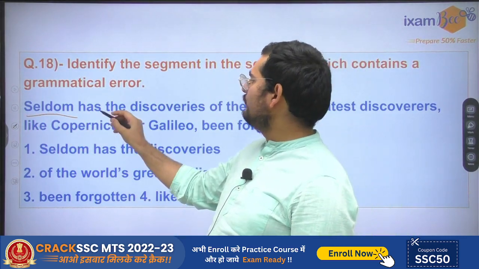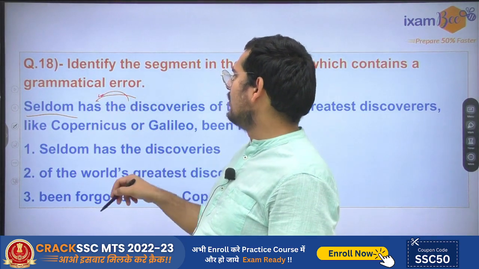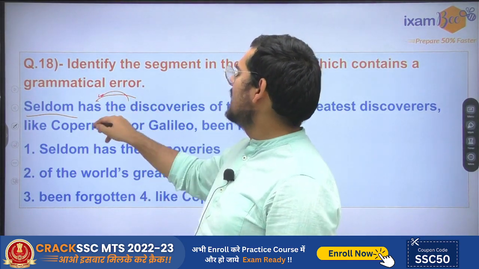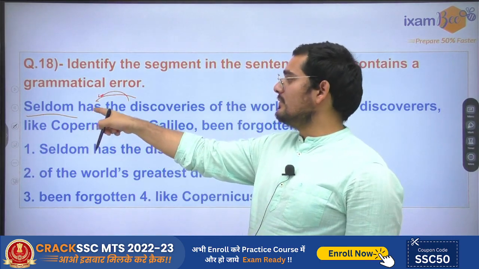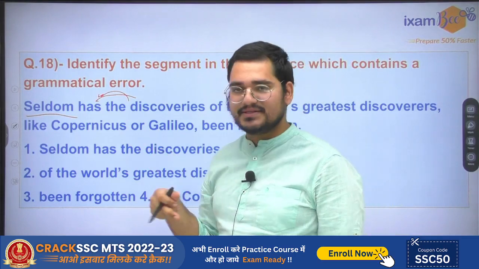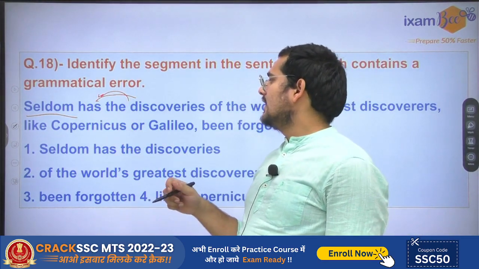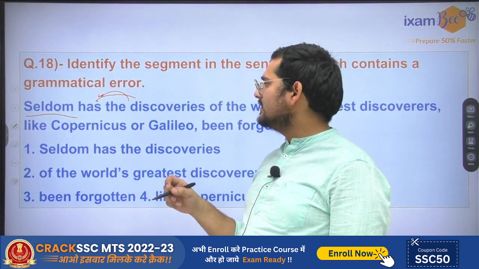So what we do, we interchange the position of the subject and the verb. So the verb "has" is used after the adverb. This is correct here. There's no error here.